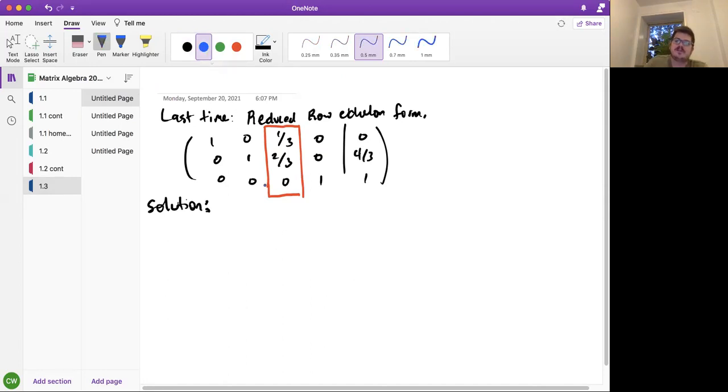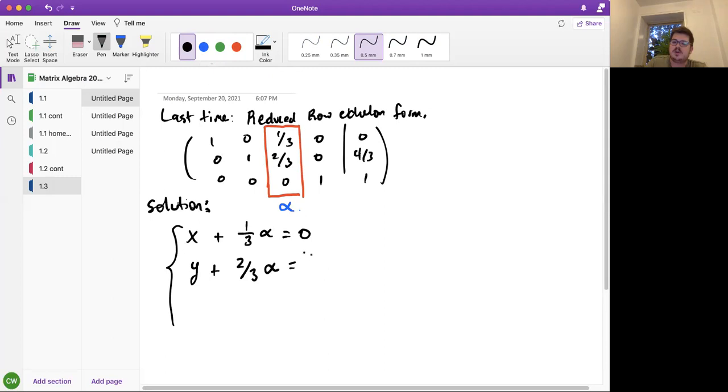So if this is our free variable, let's call it alpha. Let's solve for our other variables. The first equation says that x plus 1/3 alpha is equal to 0. The second equation says that y plus 2/3 alpha is equal to 4/3. And the third equation says w is equal to 1.